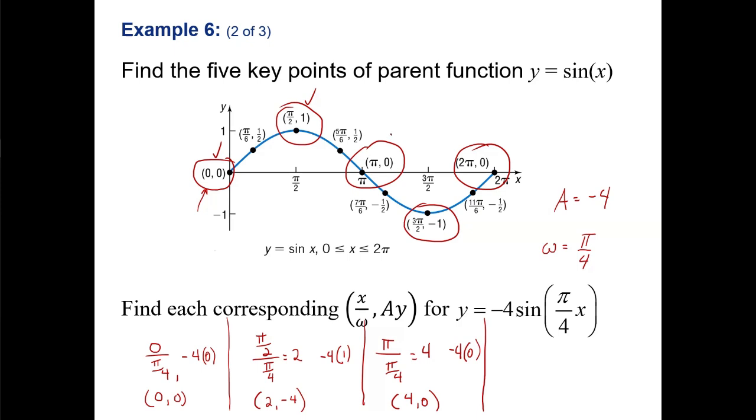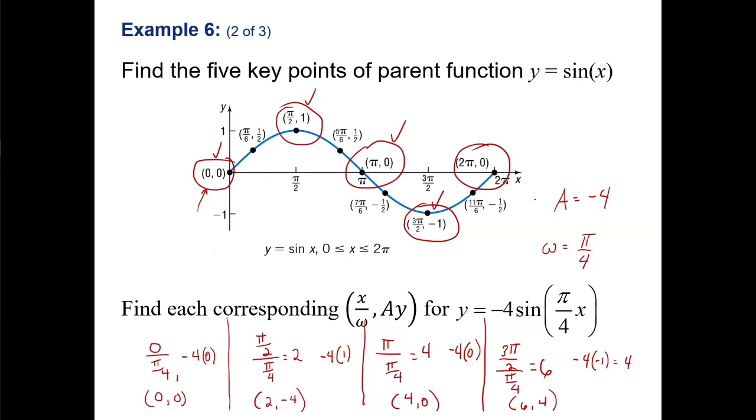Okay, fourth one, I'm going to take 3 pi over 2 divided by pi over 4. You can see the pi's are going to keep canceling out here, so we're going to get 12 over 2, or 6. And then when I take the negative 4 times negative 1, we're going to get positive 4. So the fourth coordinate is 6, 4 transformed.